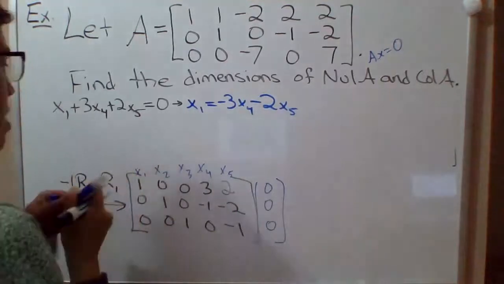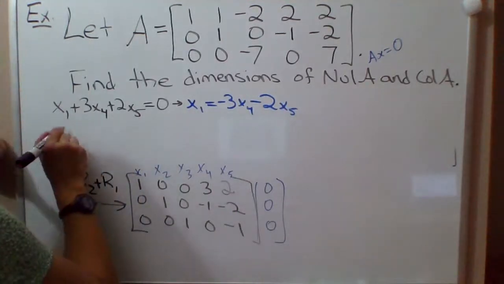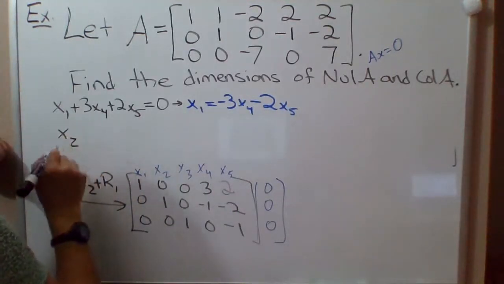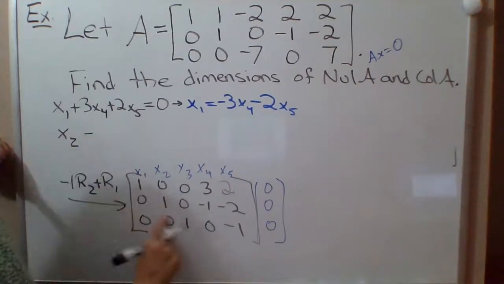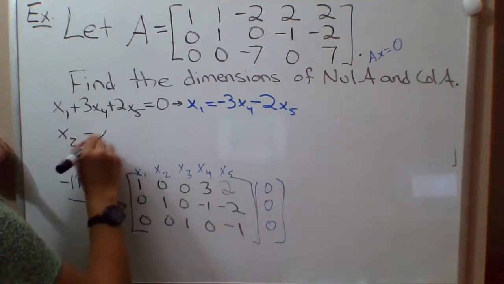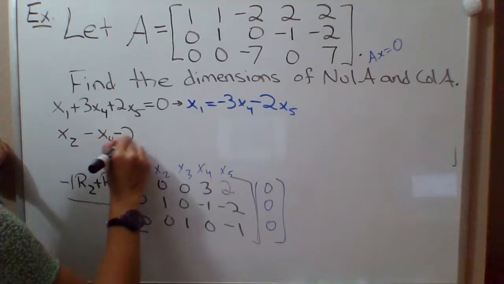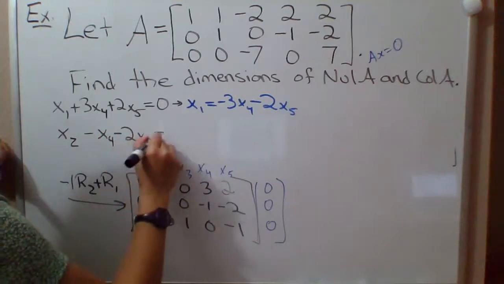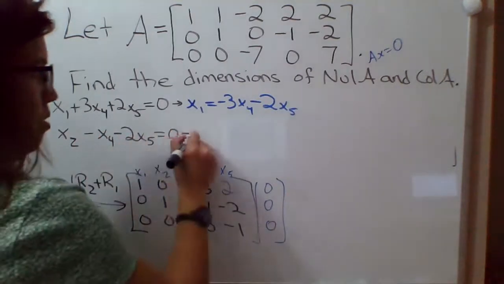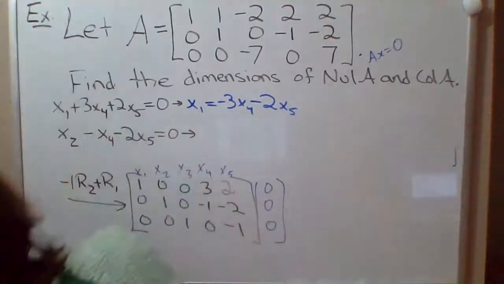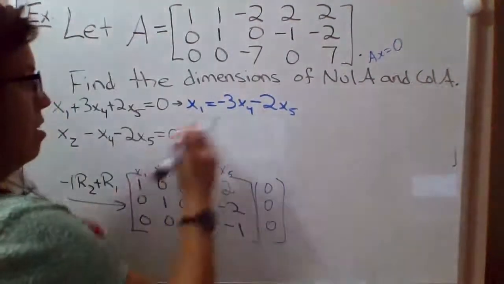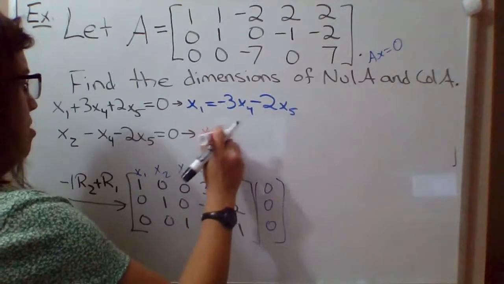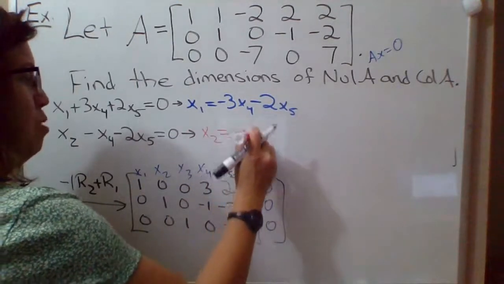For x2, we have x2 minus x4 minus 2x5 equals 0. That tells us that x2 is equal to x4 plus 2x5.